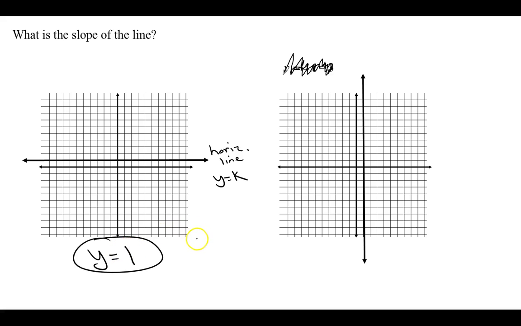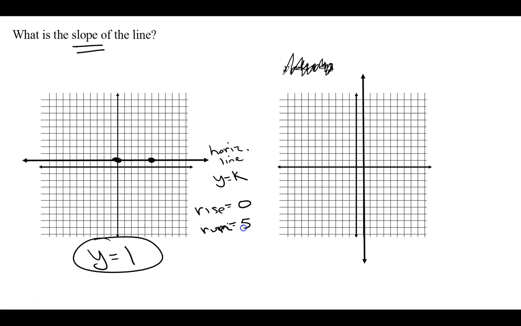They don't want the equation though, unfortunately. They want the slope. When you have a horizontal line, the rise over run, think about it, as I go from one point to the next, I don't rise at all. The rise is equal to 0, and the run is anything you want it to be. What I just drew, I had a run of 5.